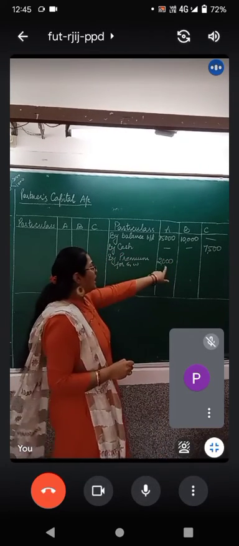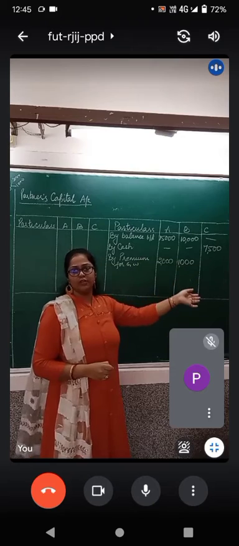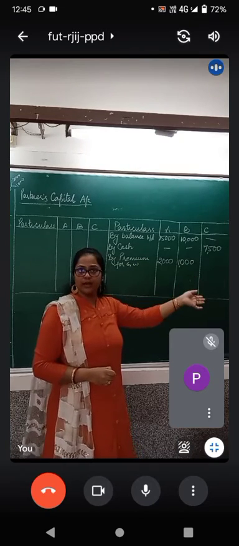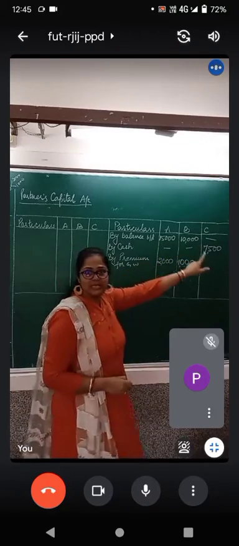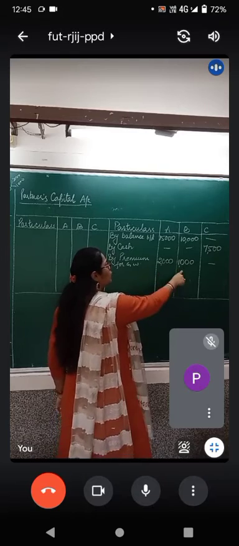He has brought rupees 3,000, which were divided amongst A and B in their sacrificing ratio. So the premium amount of C's goodwill has gone as rupees 2,000 to A and as rupees 1,000 to B. This is simply the reverse posting of the journal entry which you have done for goodwill. Premium for goodwill, C's goodwill is there, which is given to A and B in 2:1. I hope there are no more confusions with that.